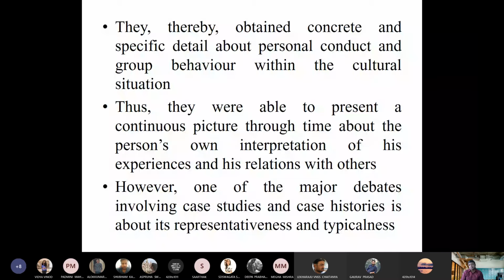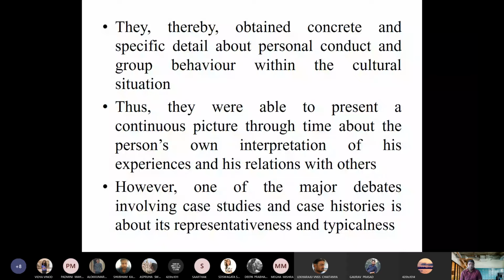How will he react? How will he behave? Thus, they are able to present a continuous picture through time about the person's own interpretation of the experience and his relation with others. If I take all these aspects into account and start reading him properly, I'll get a continuous picture of an individual's experience and also his relation with other entities and other individuals in the society.